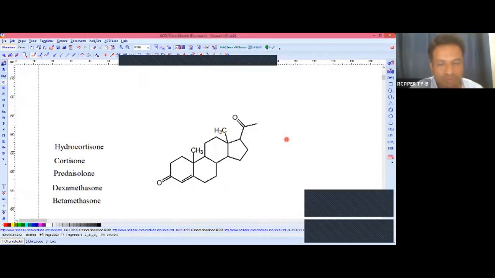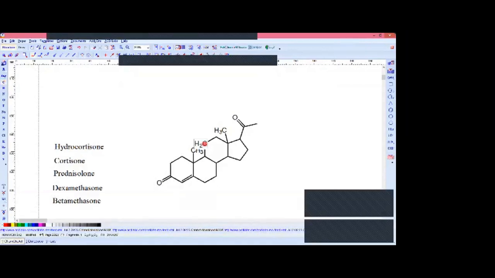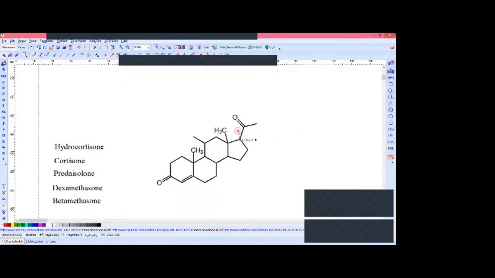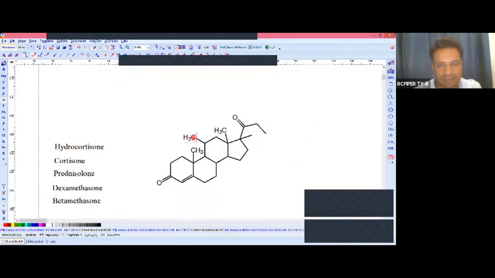And where should those 3 hydroxyl groups be substituted? Which are those 3 carbons? C11, C17 and C21. So this is the C11 hydroxyl group, and it is mainly present on a beta bond in hydrocortisone.